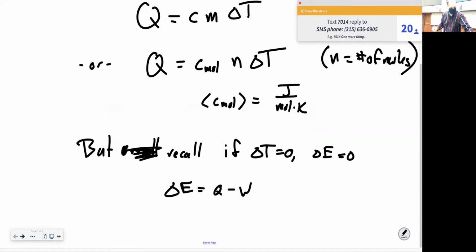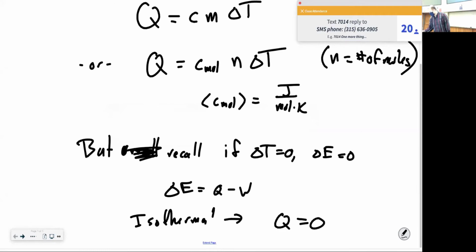If you have an isothermal process, delta E is 0. What does that imply for Q and W? Not 0, but Q equals W. They must be equal to each other. It's the only way you get delta E equals 0.